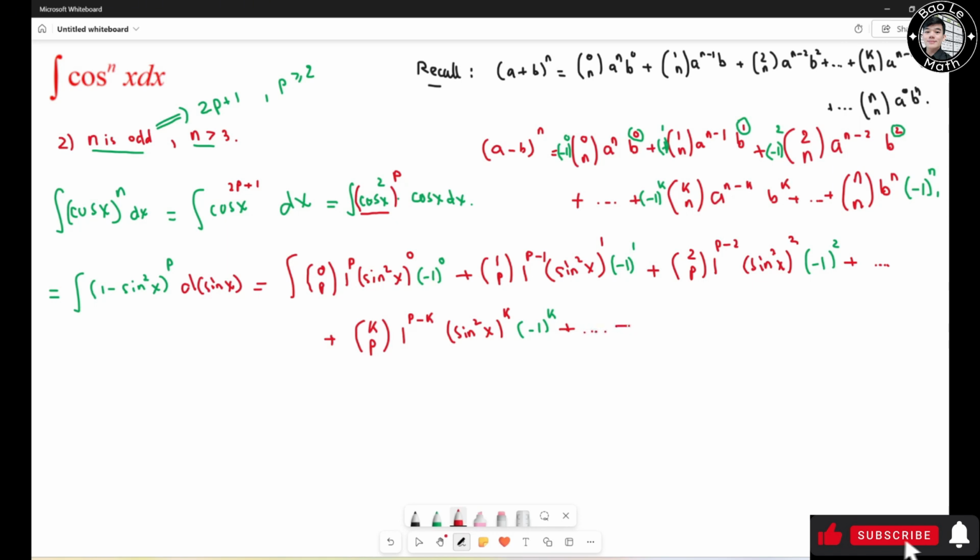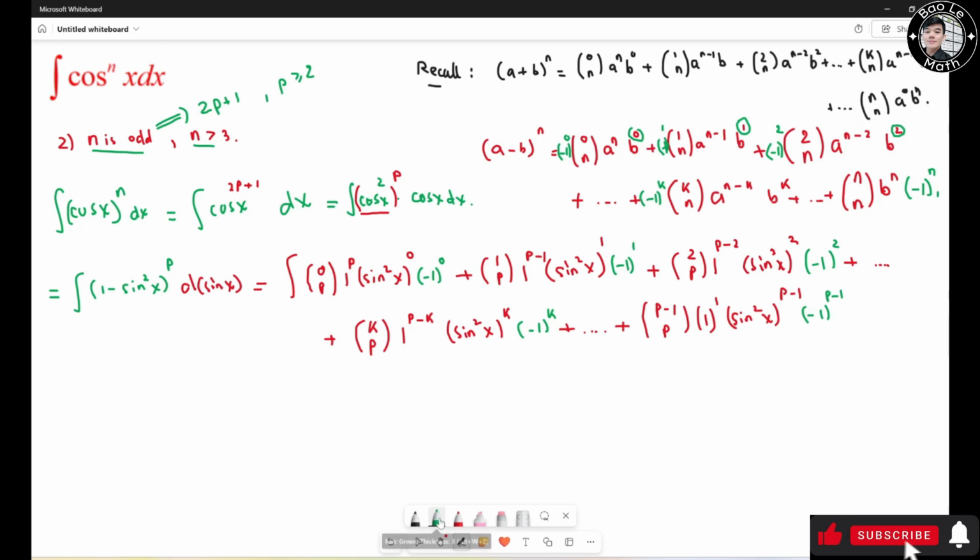Until the last two terms. Now the term before the last one should be the combination of p minus 1, p, times 1 raised to the power of 1, sine square of s raised to the power of p minus 1, times negative 1 raised to the power of p minus 1.